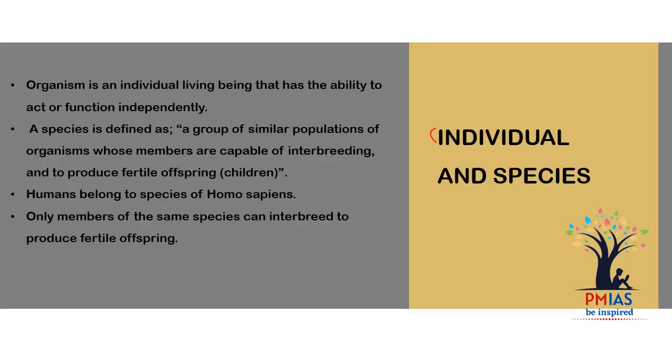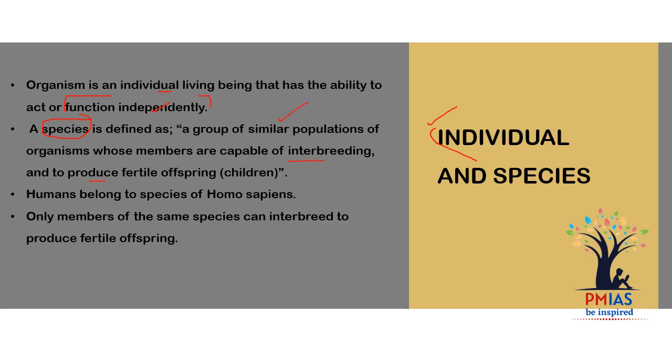Now we'll see about the individual and species. What is an individual? It is the organism's ability to act or function independently. Then what is meant by a species? It is a group of similar populations that can interbreed.